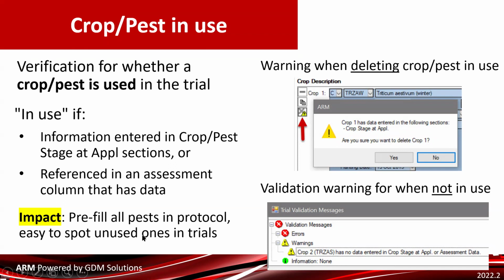So again, another effort to encourage more information to be put in the protocol. One example would be you have a study and maybe there's 8 different pests. Depends on the location which ones they'll actually encounter, but there's kind of 8 targets that we have. I can put all 8 of those as separate codes in my protocol, and it'll be easy to spot when we get trials back.